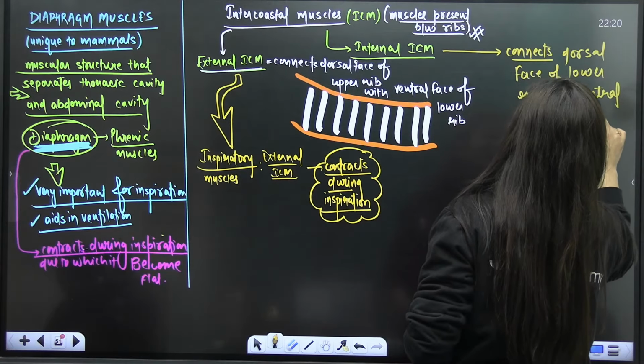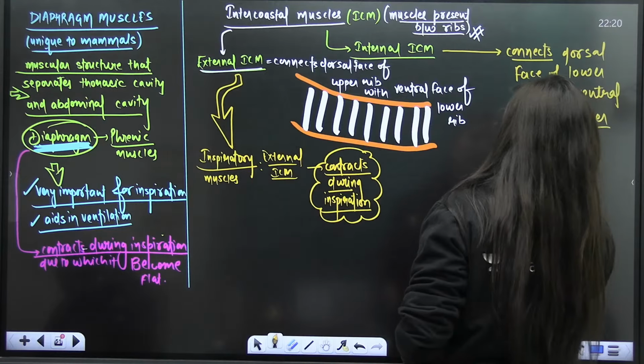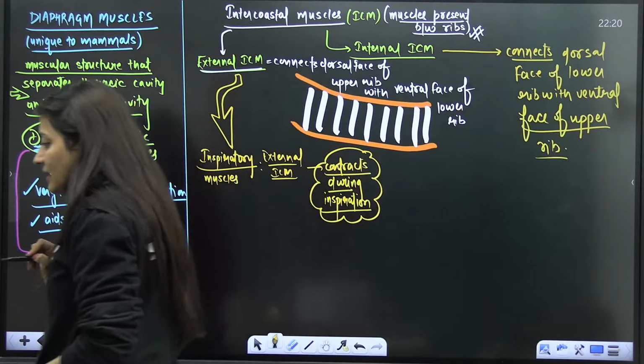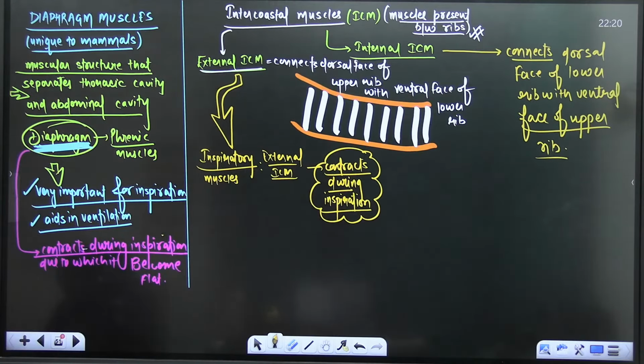So that is how they are located, right? When it is the external intercostal muscle, what is it going to do? It is going to connect the dorsal face of the upper rib with the ventral face of the lower rib.